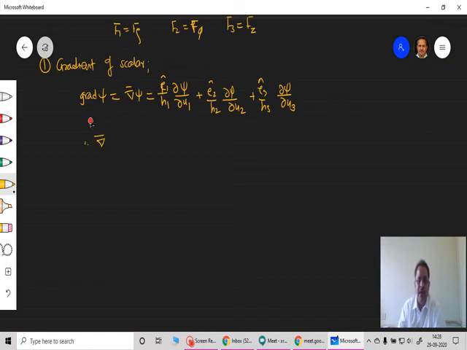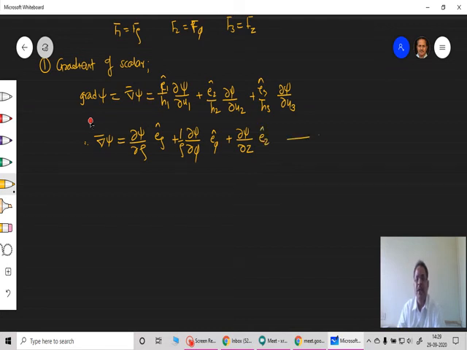Therefore grad psi in the cylindrical coordinate system is given by ∂ψ/∂ρ into e_ρ cap upon H1 is 1, plus ∂ψ/∂φ, second differentiation, into 1 upon ρ, since H2 is ρ, multiplied by e_φ cap, plus third is again simpler, ∂ψ/∂z, that is ∂ψ/∂u3. So z is u3, and it is multiplied by e_z cap.